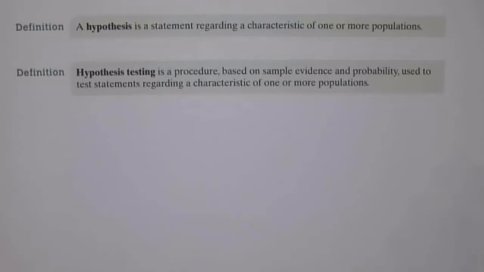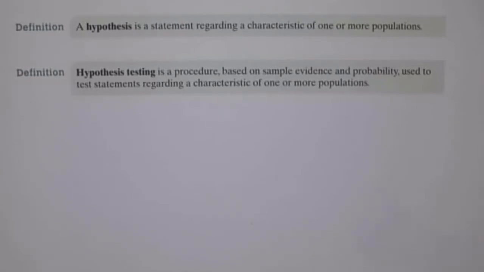Well, in non-statistical terms, a hypothesis is some sort of a statement that we believe to be true. Our experience or our evidence suggests that this thing is supposed to be true, whatever it is. And so we hypothesize that we believe whatever it is true.